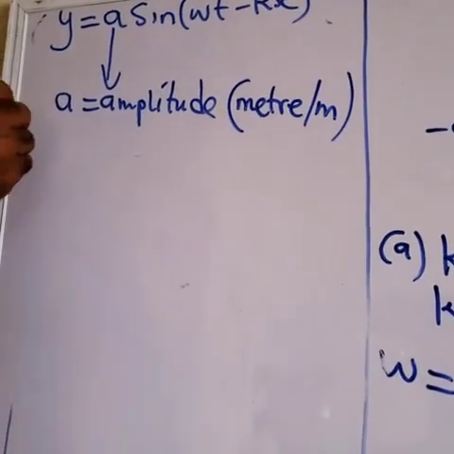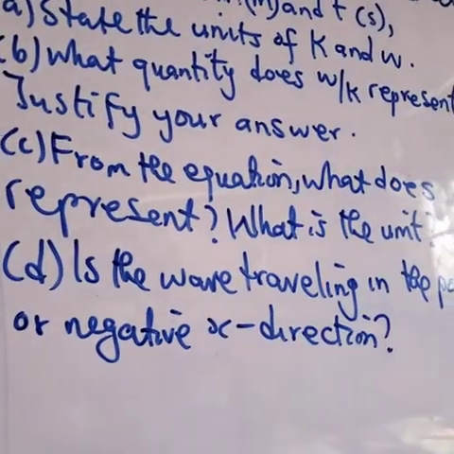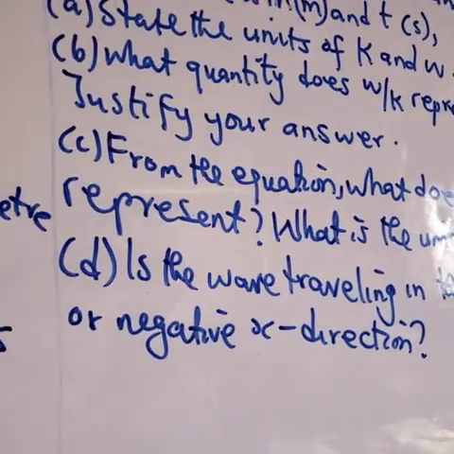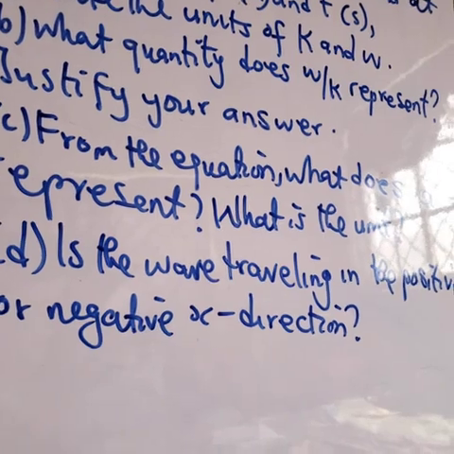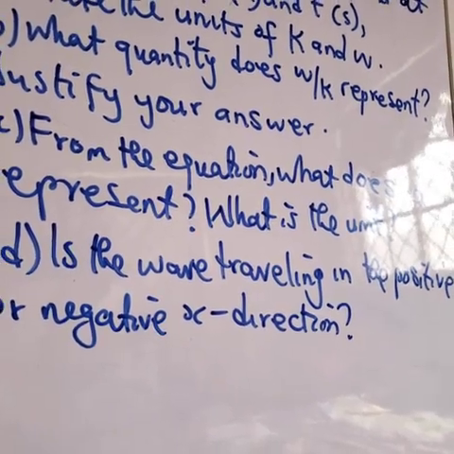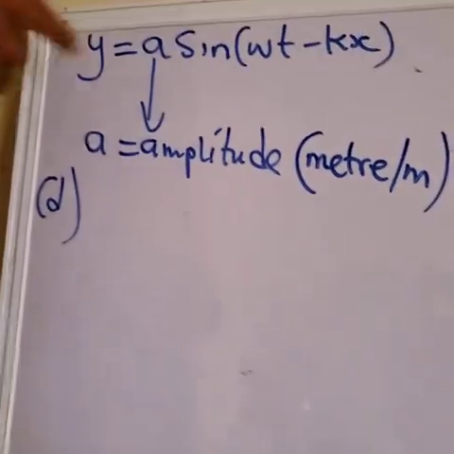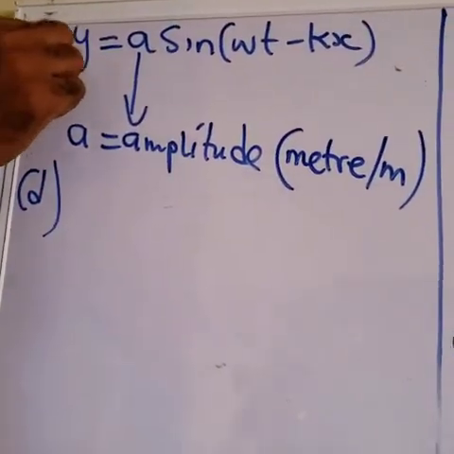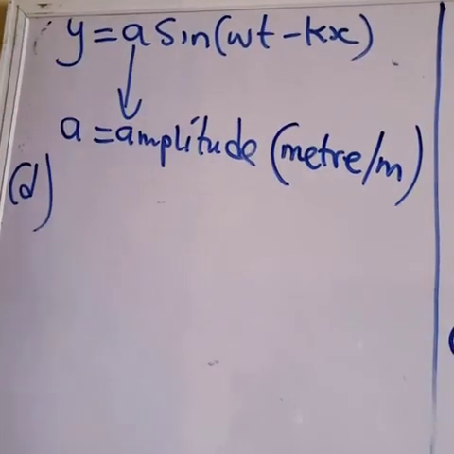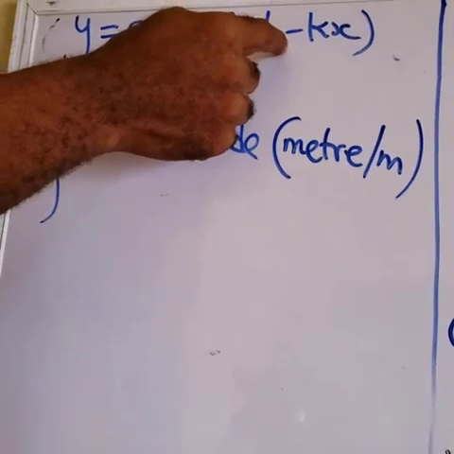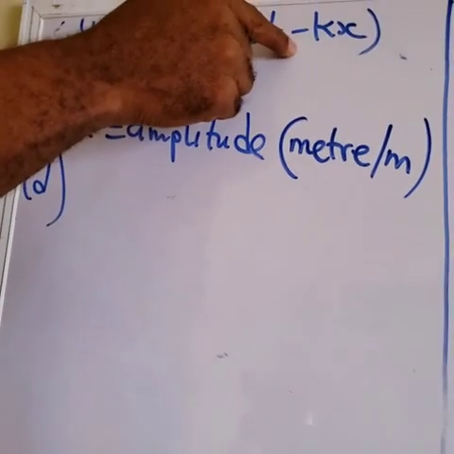Now, the last part of this question, D, asks, is the wave traveling in the positive x or in the negative x direction? Now, this is a very simple question. All you need to do is understand how simple it is. Look at this expression. Anytime you have a progressive wave equation, the first thing you look at is this sign in the bracket. Is it plus or minus?